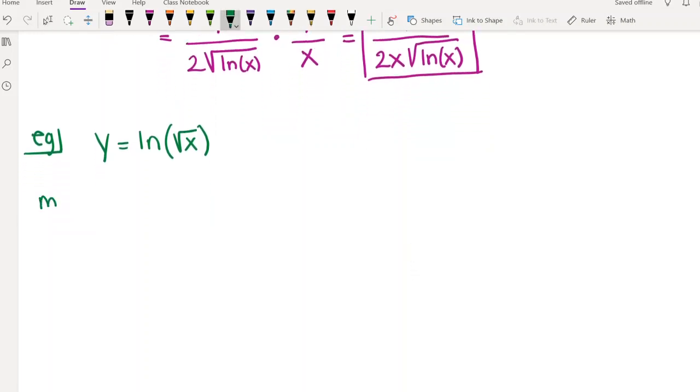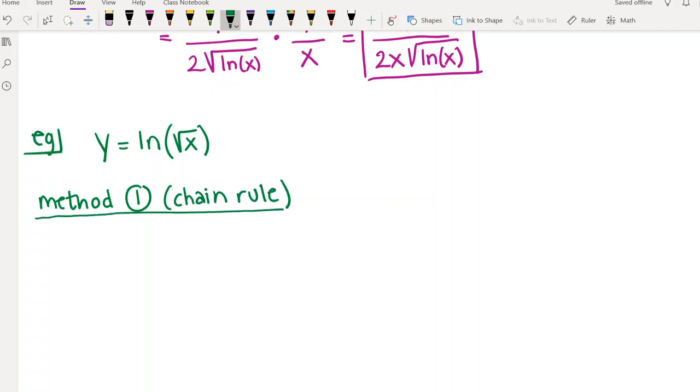So method 1 is going to be using the chain rule. Let me say the outer function first. The outer function is ln of u, and the inner function is square root of x, or x to the 1/2.